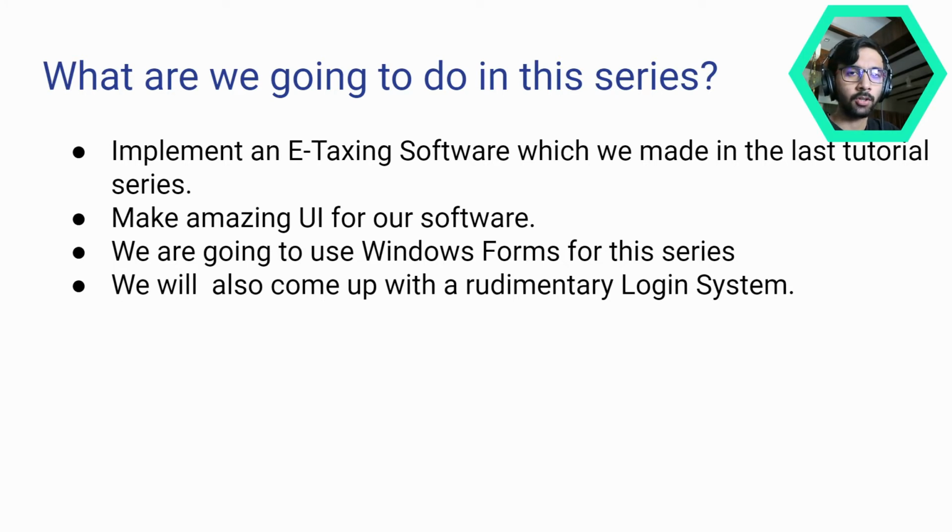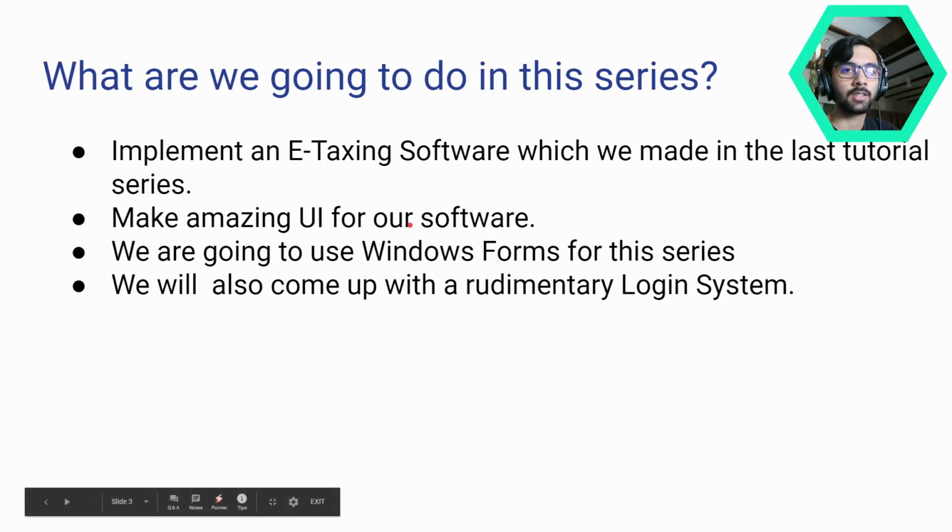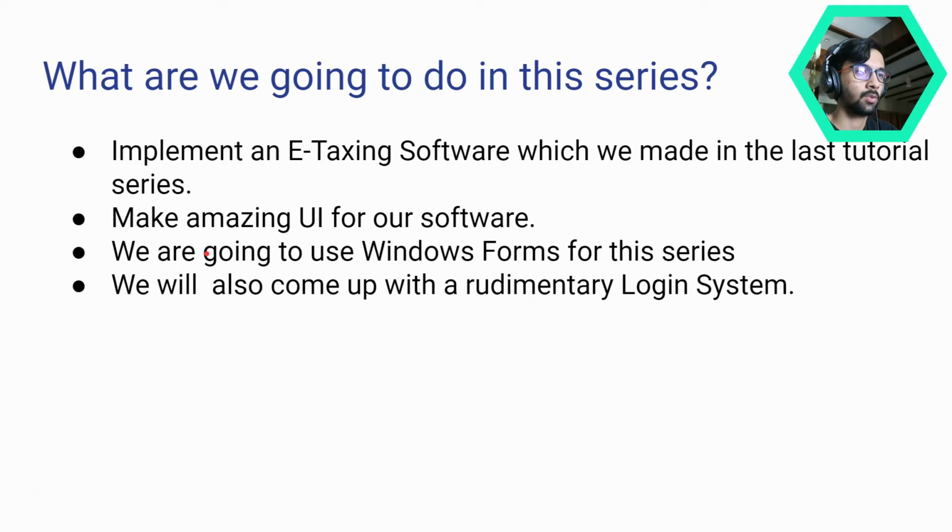If you didn't follow that series and you don't feel like you need to, because you already know the basics of C Sharp, I have put a link in the description below which has that code. So you can just use that code to continue with us. And then we're going to make some amazing UI for our software. We are going to use Windows Forms, obviously, as I stated in this series. And we will also come up with a rudimentary login system.